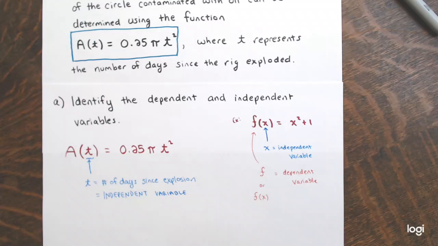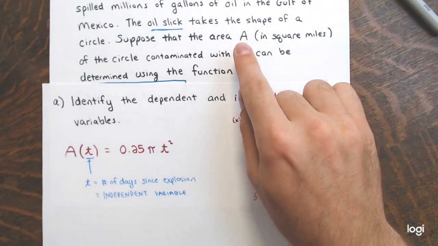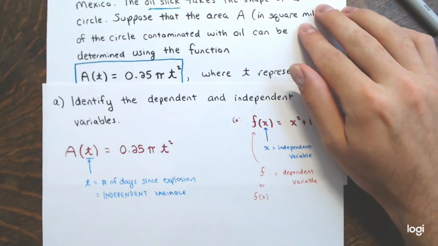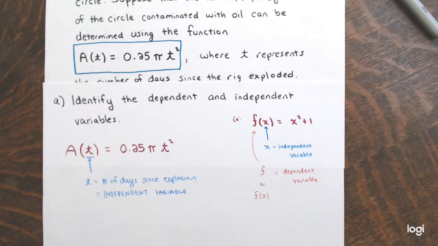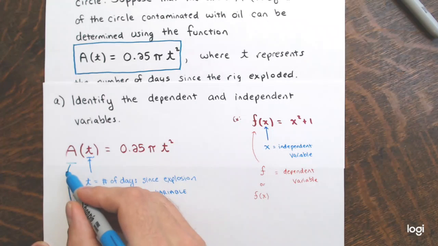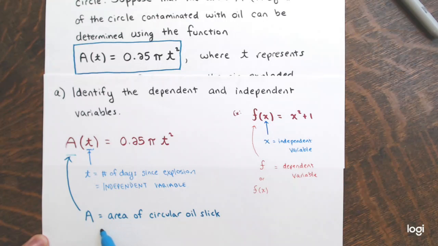And then the name of the function, this is the function A, and A represented area, that was mentioned in the problem: suppose that the area A in square miles of the circle contaminated with oil. So the name of the function A, or you can say A of t, but let's say A, the area of the circular oil slick, is the dependent variable, the outputs.